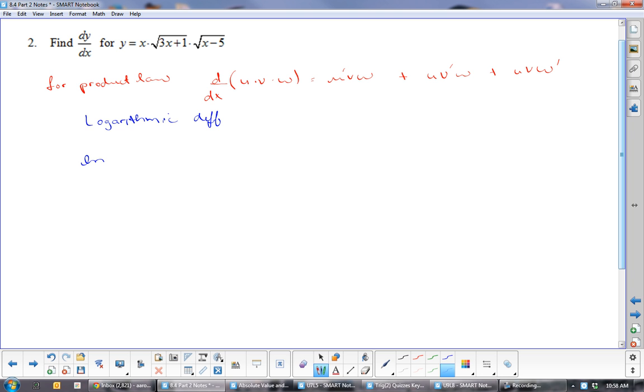So that would be ln y equals, and I'm just going to split this right up, ln x plus ln 3x plus 1 to the half plus ln x minus 5 to the half. And then we can get in the habit of this step, putting my half here and my half here.